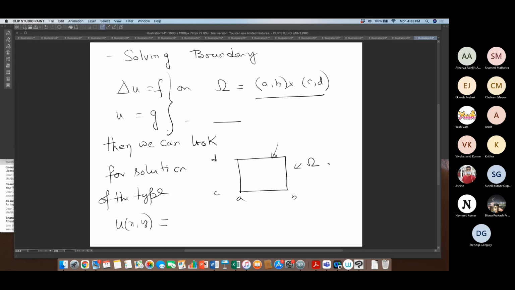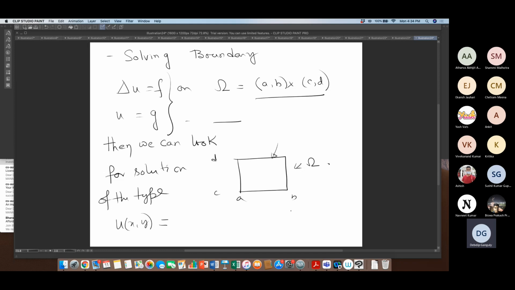Anyone? Just think. What is the natural idea? I am not saying any theorem or something. Suppose your domain is given like a square, and you want to solve Laplacian u = f, or u = g on the boundary. What type of solution should you look for?